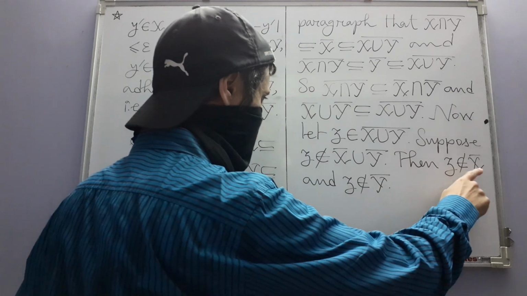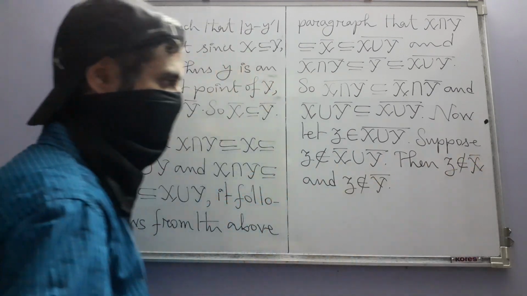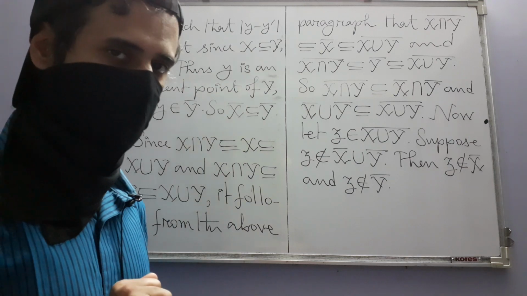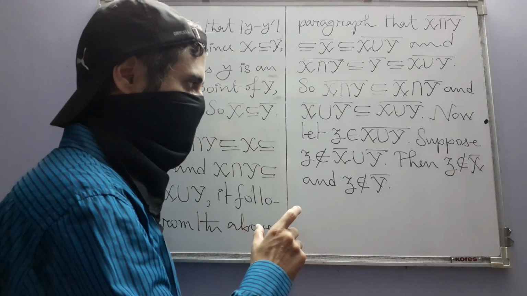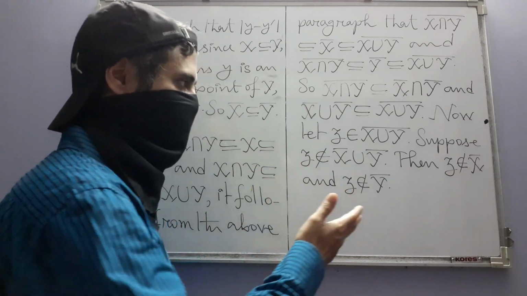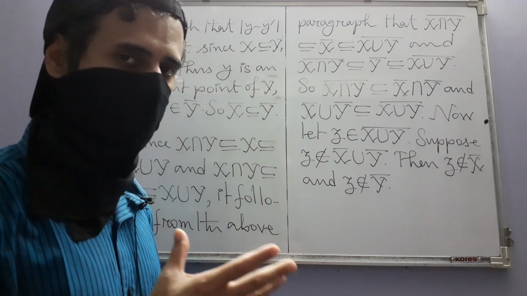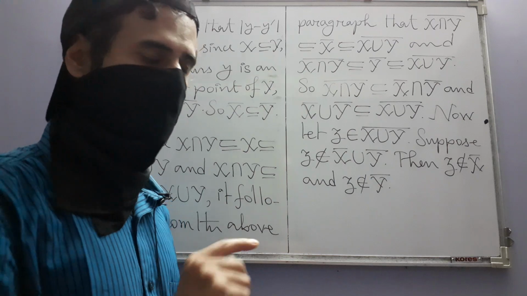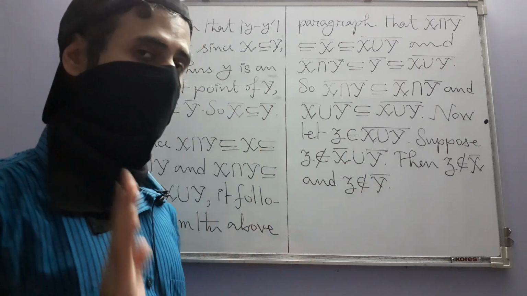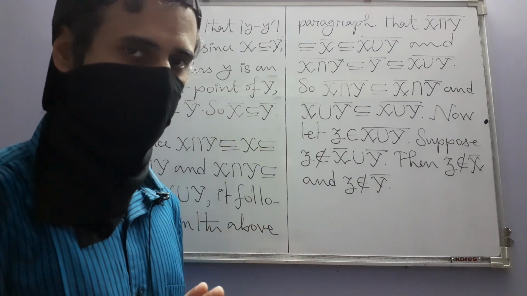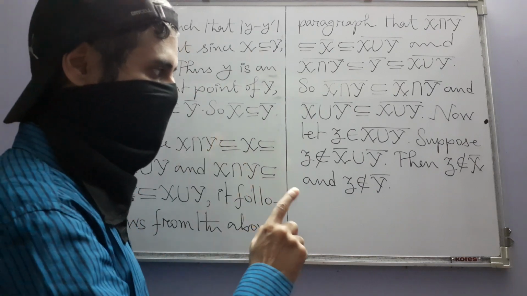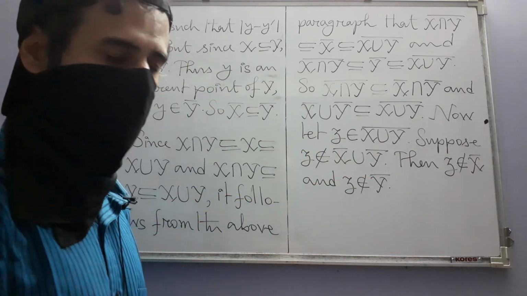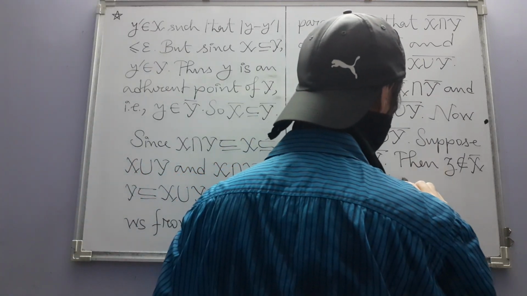Z not being in the closure of X means Z is not an adherent point of X. That means that the condition you have in the definition of an adherent point is not true for Z. So for Z, not every epsilon will give you that condition. So there is at least one epsilon for which that condition is not true.